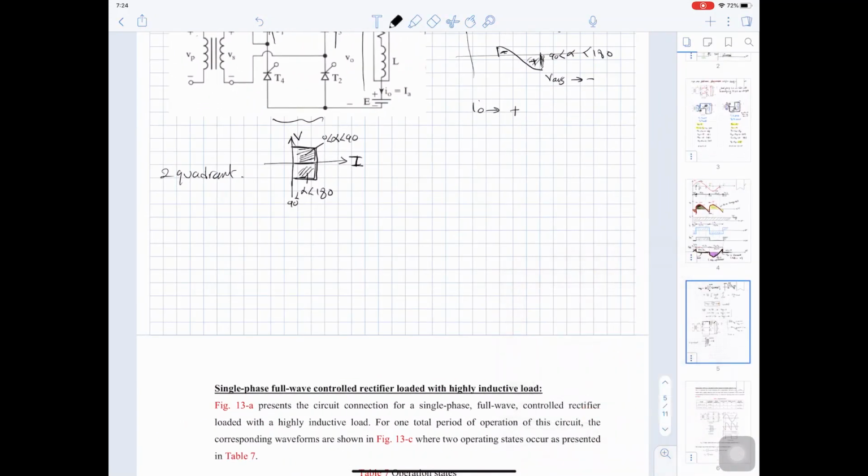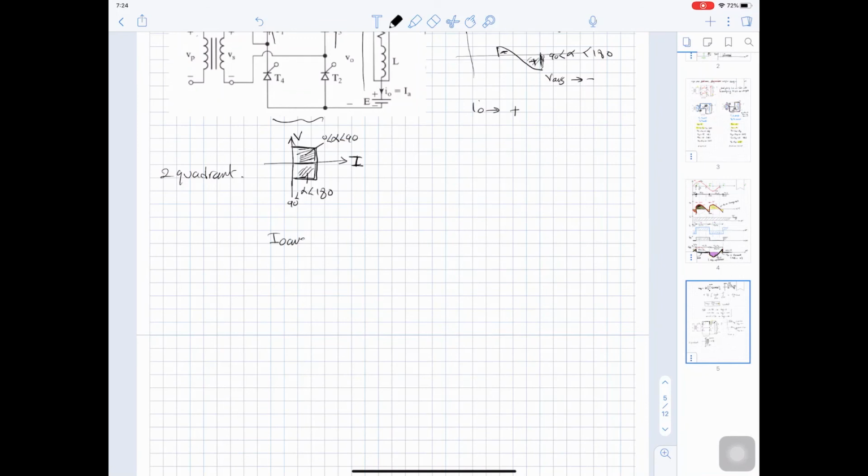Now to get I out average, it is V out average minus E divided by R, as we mentioned last lecture. So V out average is 2 V max divided by pi cos alpha, minus E, divided by R. And I out average is I out RMS, because the output current is constant.